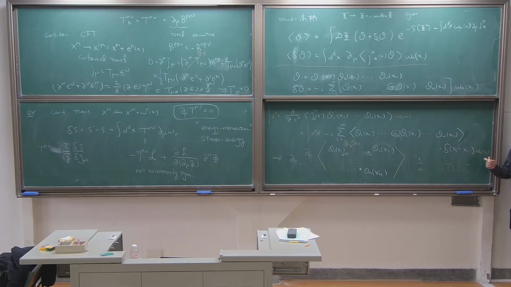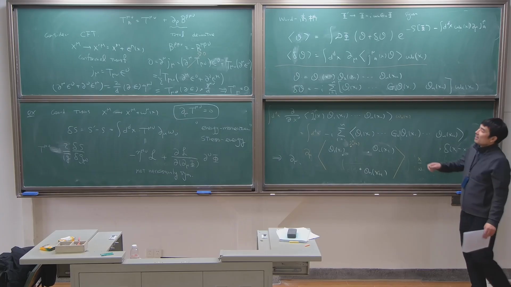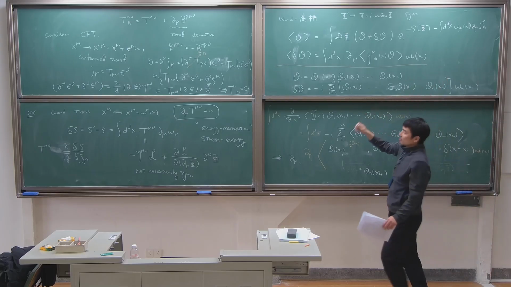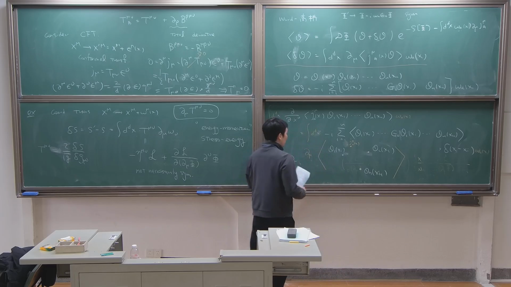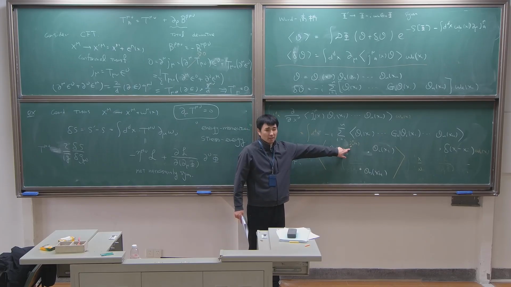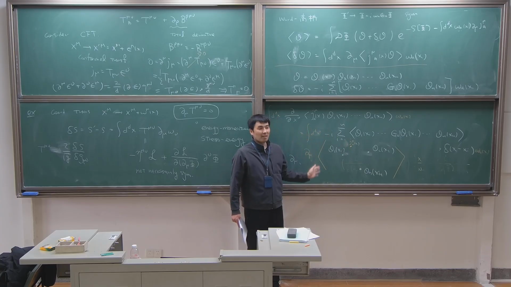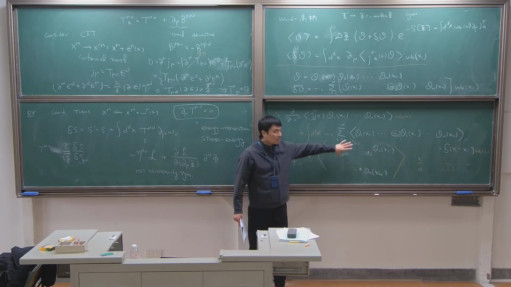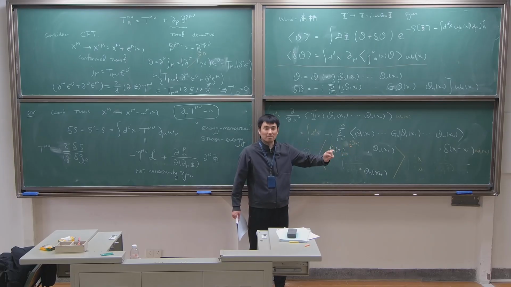That's how you understand the Ward-Takahashi identity. I just did all the derivation, so that's also important. The way you need to understand the Ward-Takahashi identity is as follows: if you take the correlation function with this Noether current and take the derivative, it's almost 0 up to these contact terms. So that's the Noether derivation.